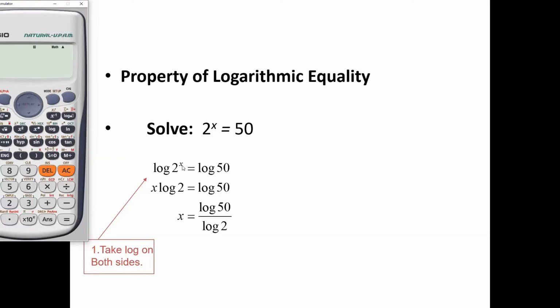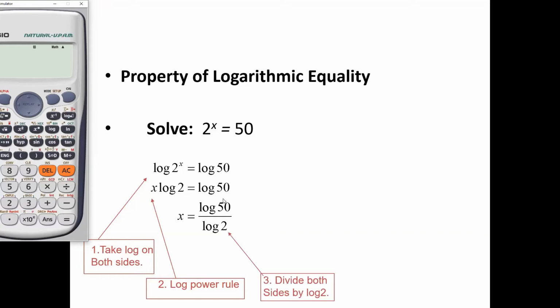Now, using the power rule, I bring this x out front. Now, what I did here is I need to find what x is equal to. So I divided both sides of this equation by log of 2. So I got log of 50 over log of 2. Okay.